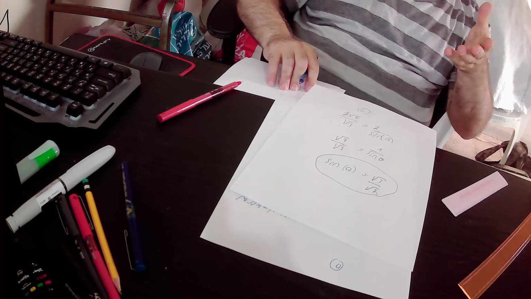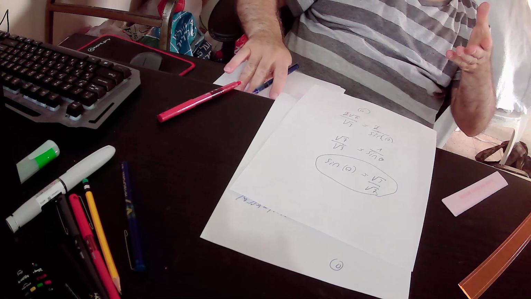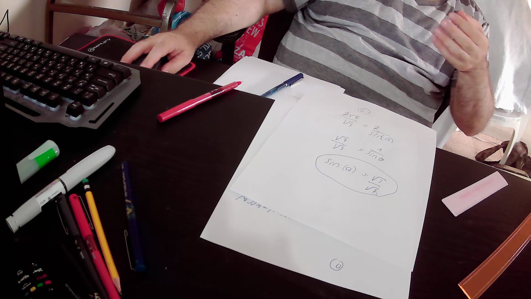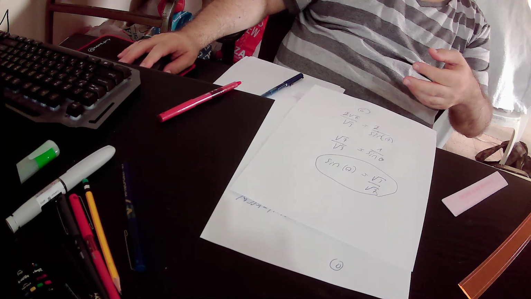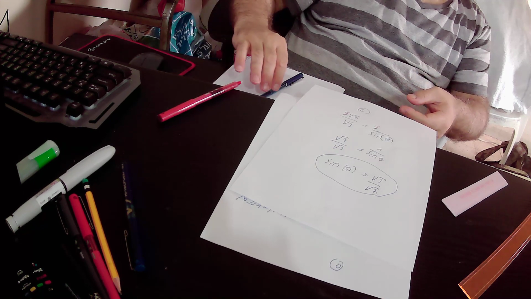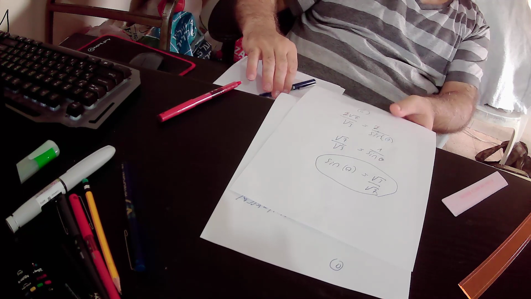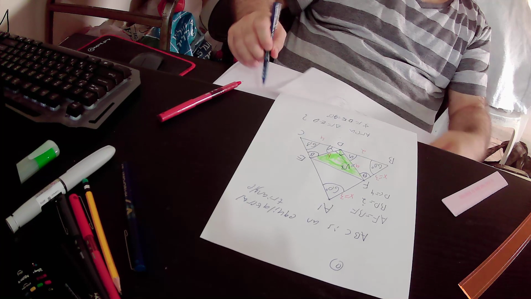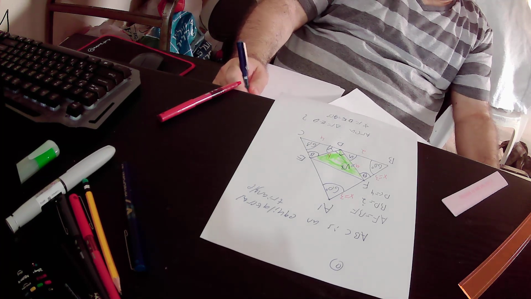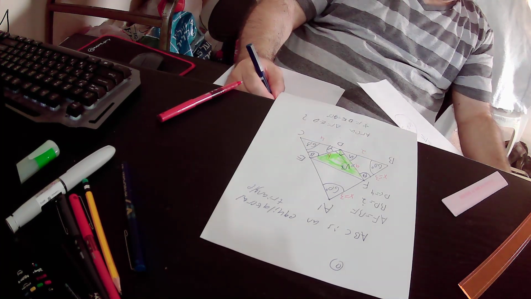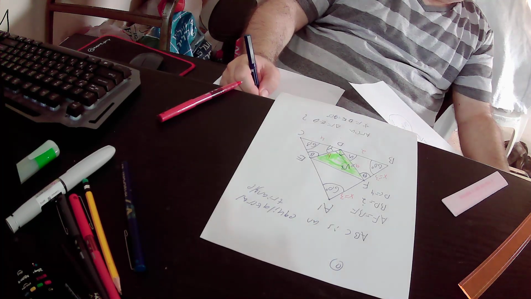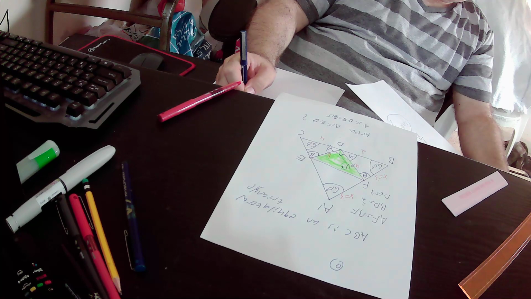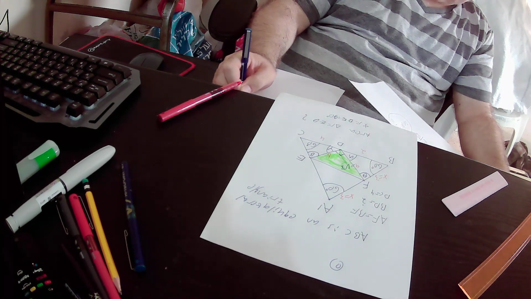In the next step, we will calculate the value of cosine theta by implementing the trigonometric identity that states that sine theta squared plus cosine theta squared equals 1.